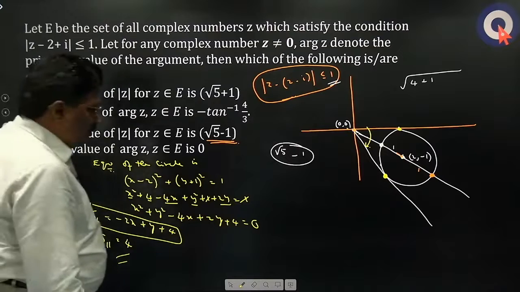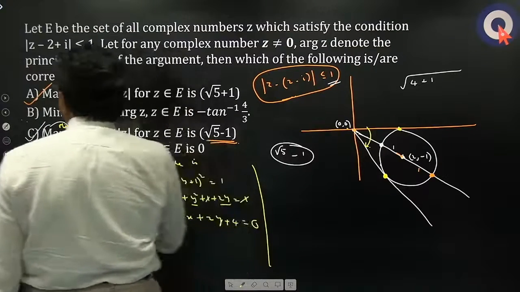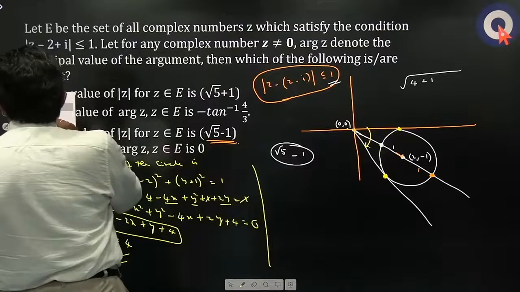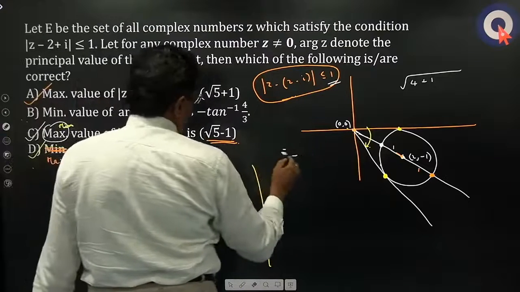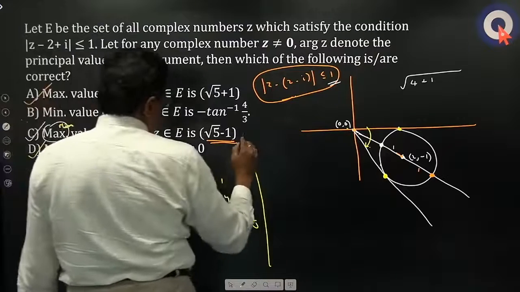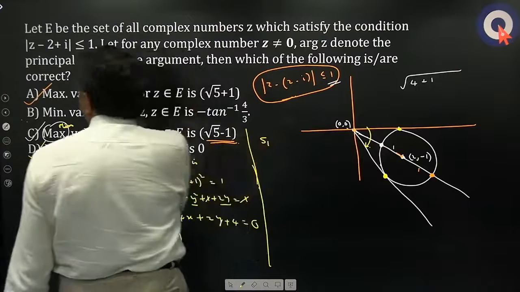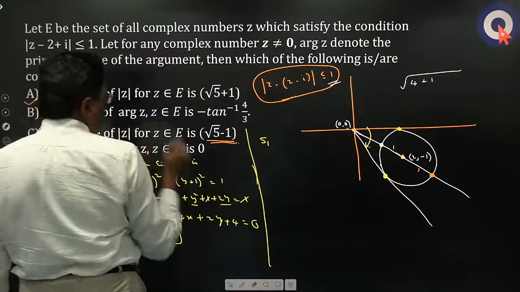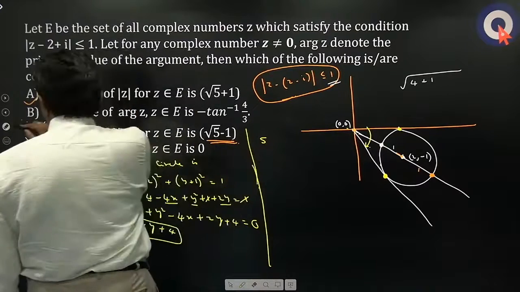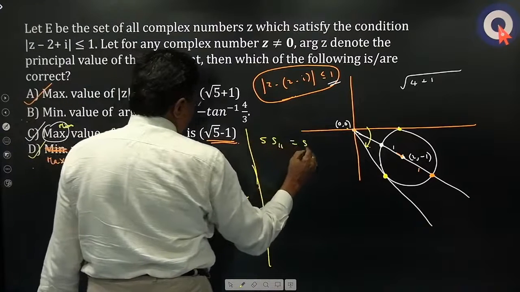Now the combined equation of tangents is S into S11 is equal to S1 square.